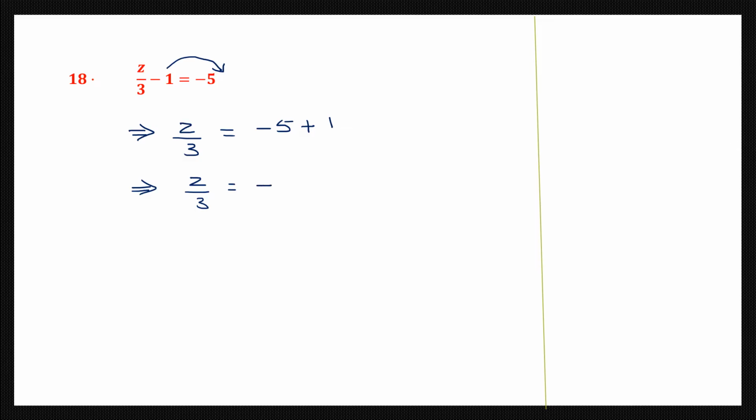Put the sign of the bigger number and subtract. 5 minus 1 is 4. So now to find the value of z, we write minus 4 and we transpose 3 to the right hand side. It becomes into 3. So here the value of z will be minus into plus is minus. 4 3s are 12. So the value of z is minus 12.